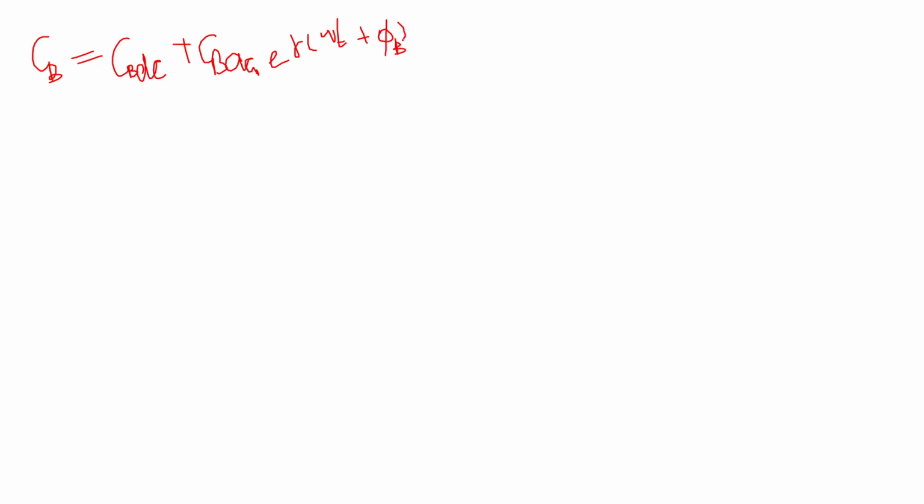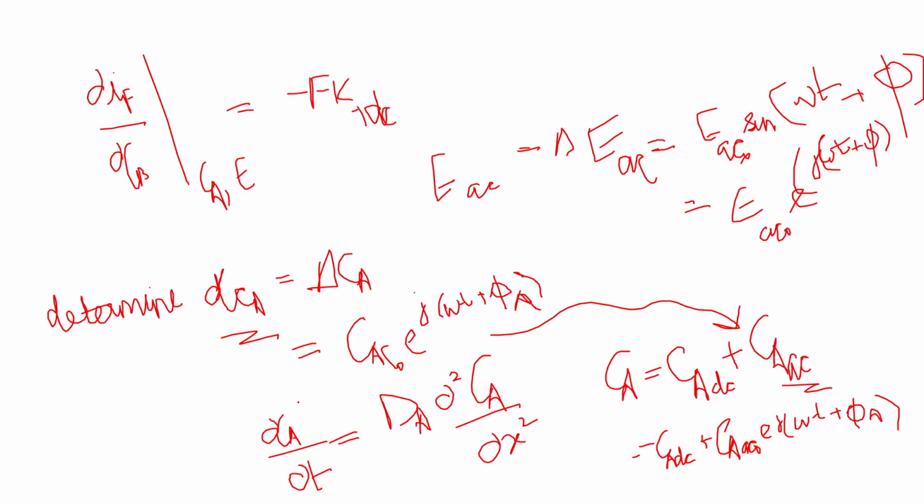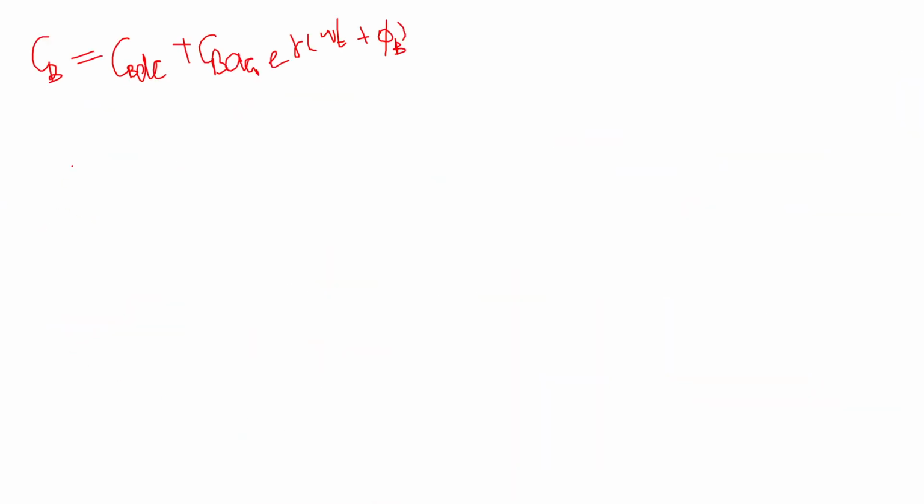Okay, you got two expressions. Now I'm substituting them into Fick's law, C equal to CA DC plus CA AC naught e raised to j omega t plus phi, that equation.